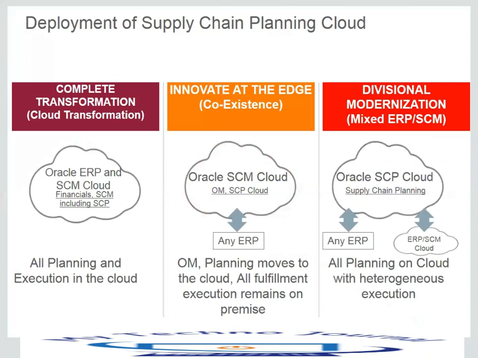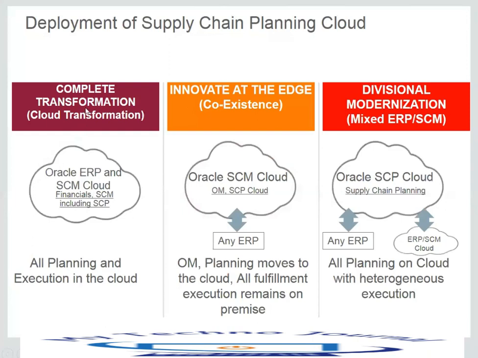Here the implementation happens in a single instance for the entire corporation, and all users move to the new system on a given date, in the corporate ERP and supply chain application. So your financials, your SCM including supply chain planning, everything, ERP and SCM Cloud, is in the cloud. So all planning and execution is in the cloud.